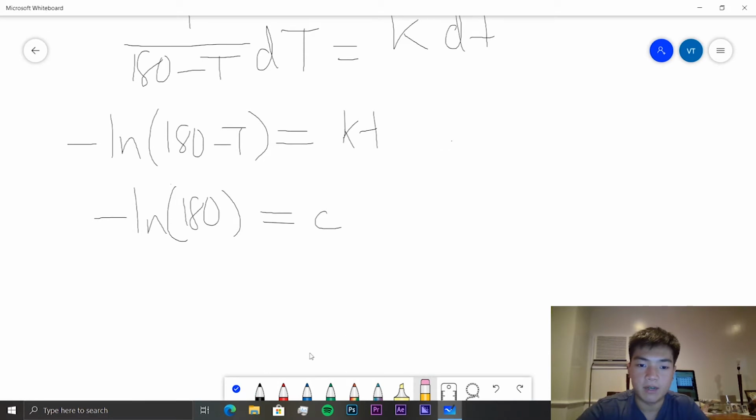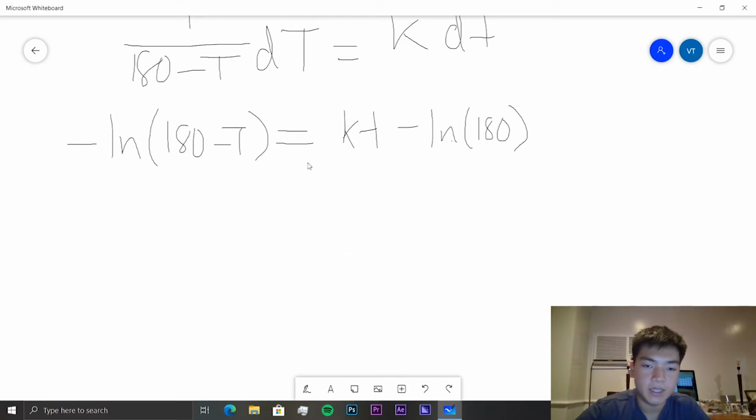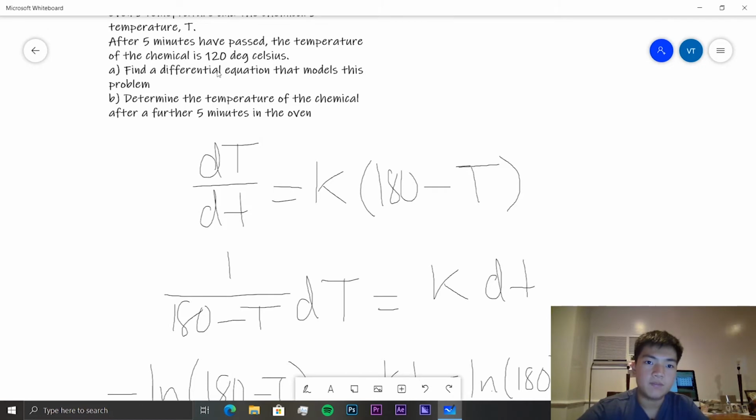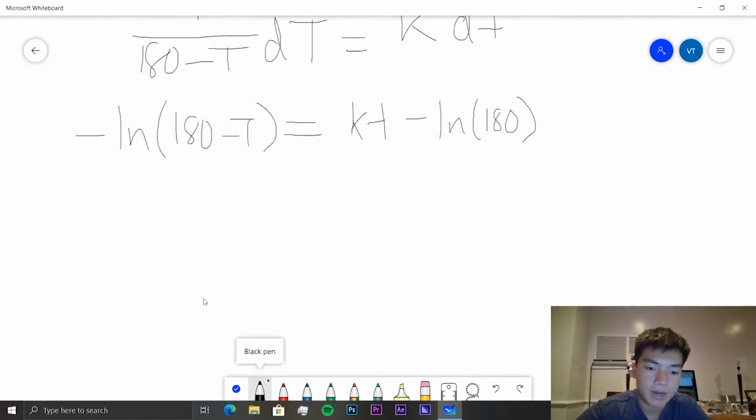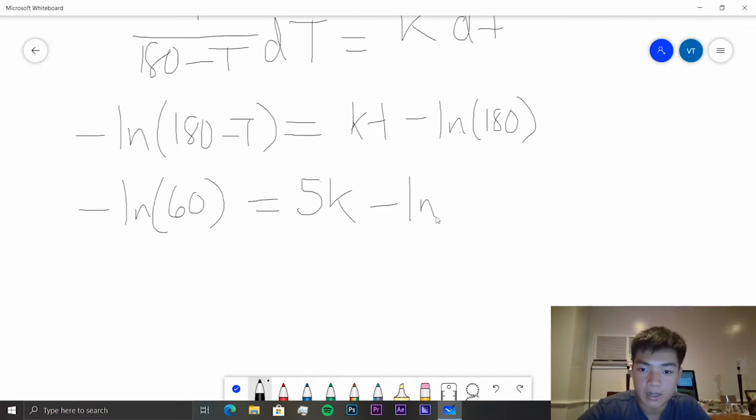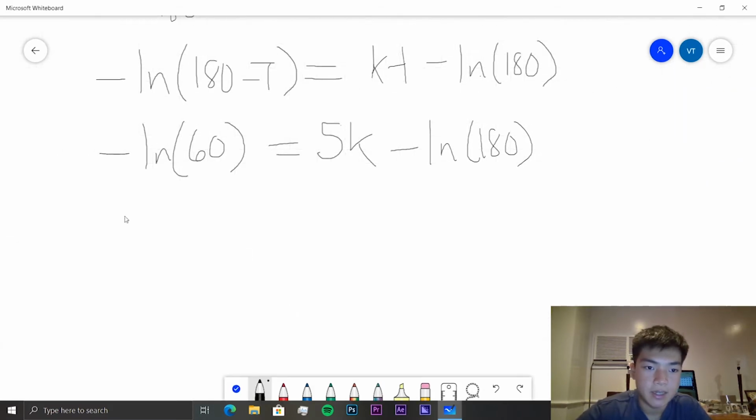So c is negative ln 180, and we need to solve for k. We can use the additional information that they gave: after 5 minutes have passed, the temperature is 120 degrees Celsius. So we have negative ln 60 is equal to 5k minus ln 180, where t is in minutes. We end up with ln 180 minus ln 60, which is ln 3, is equal to 5k.